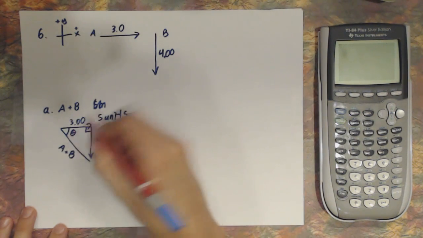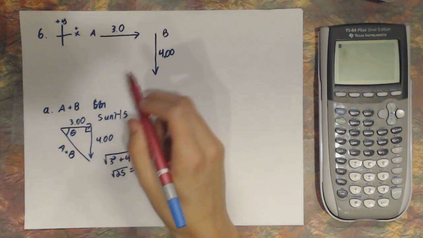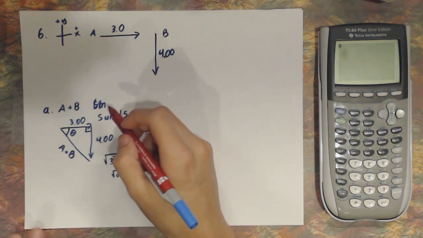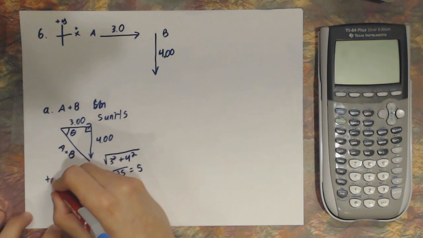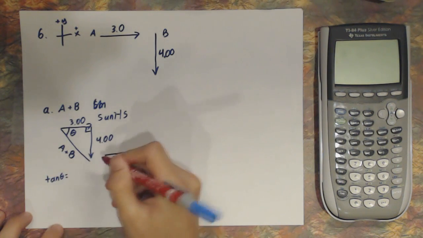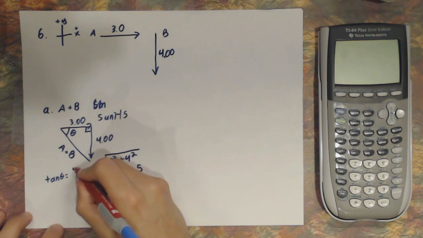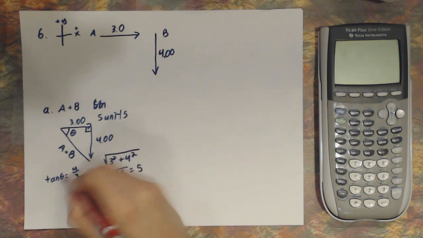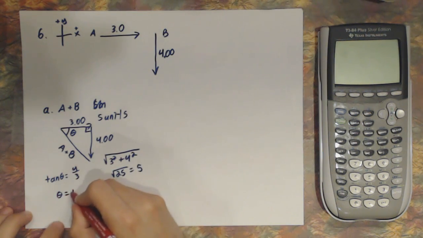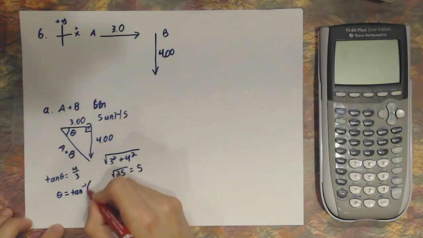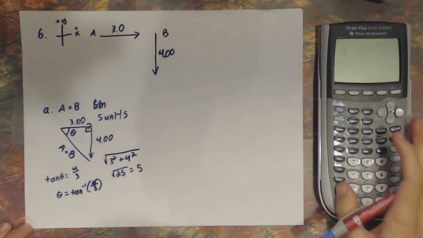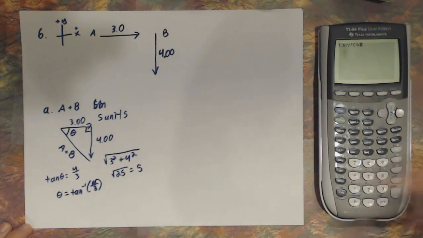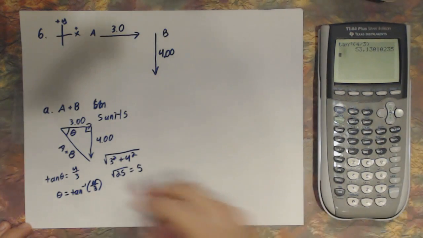And our angle, to figure out the angle, we could use any of our trigonometric identities, but usually the easiest one to use is tangent. So tangent of theta is going to equal opposite over adjacent, so 4/3. And then we take the inverse tangent, we get our angle equals the inverse tangent of 4/3, which is, go over to our calculator, 53.1 degrees.